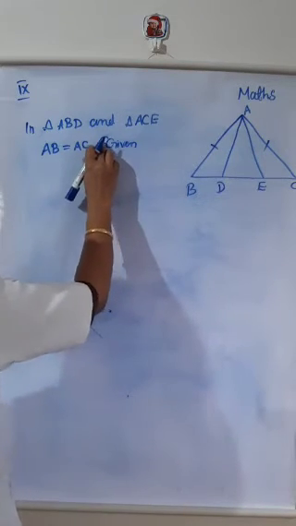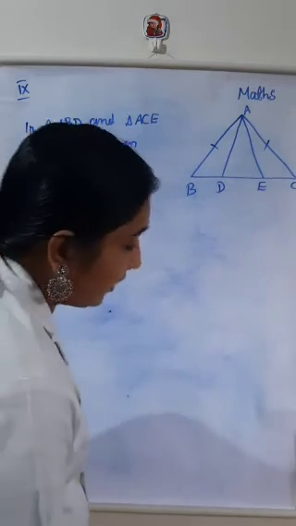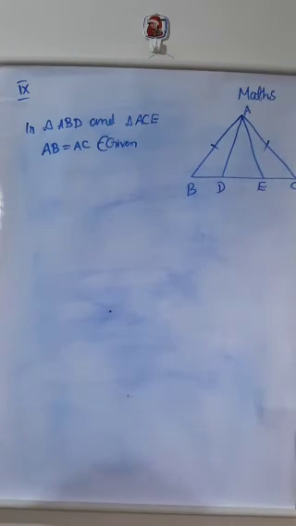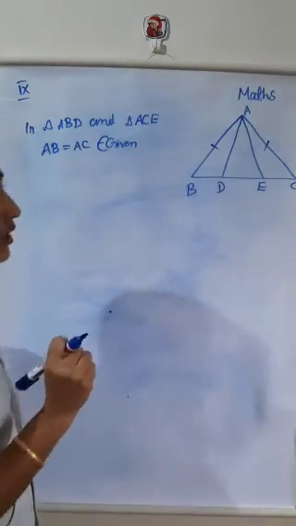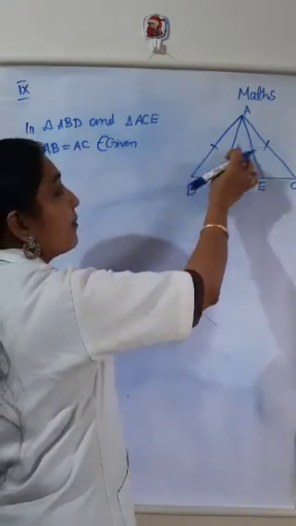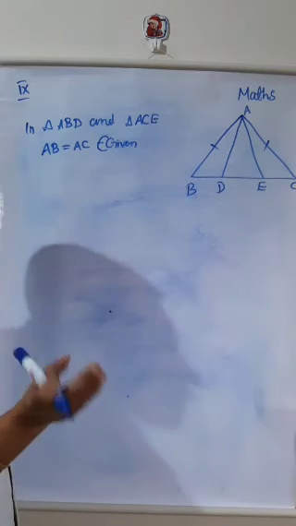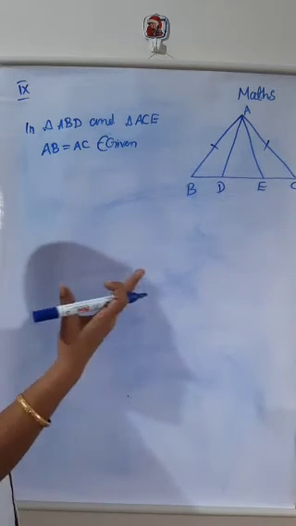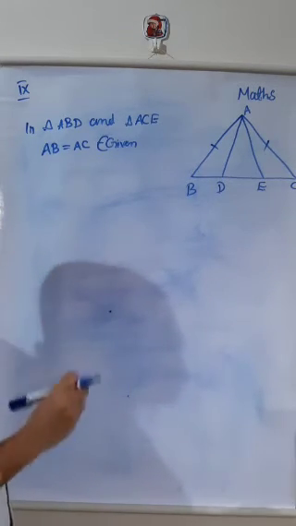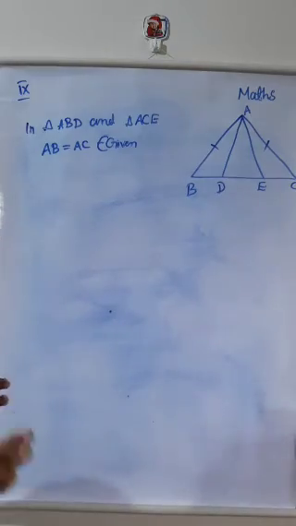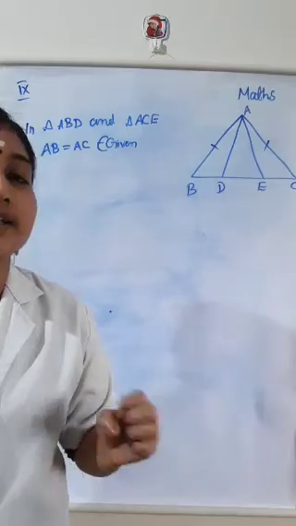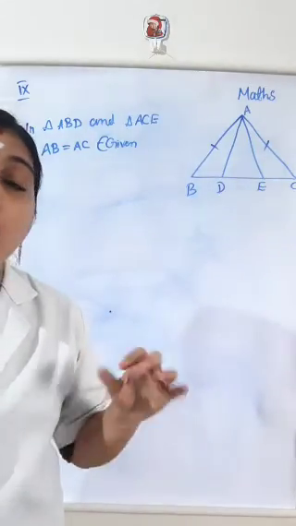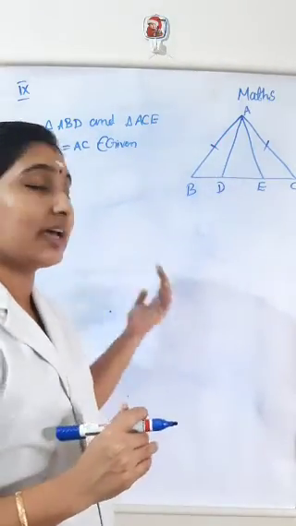Look at the figure. Triangle ABC is the whole triangle, and sides AB and AC are equal. We have learned in the theorem that angles opposite to equal sides are equal.